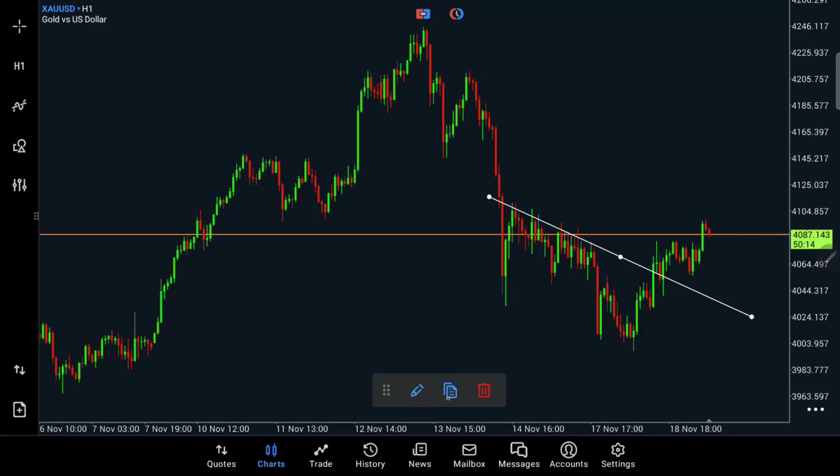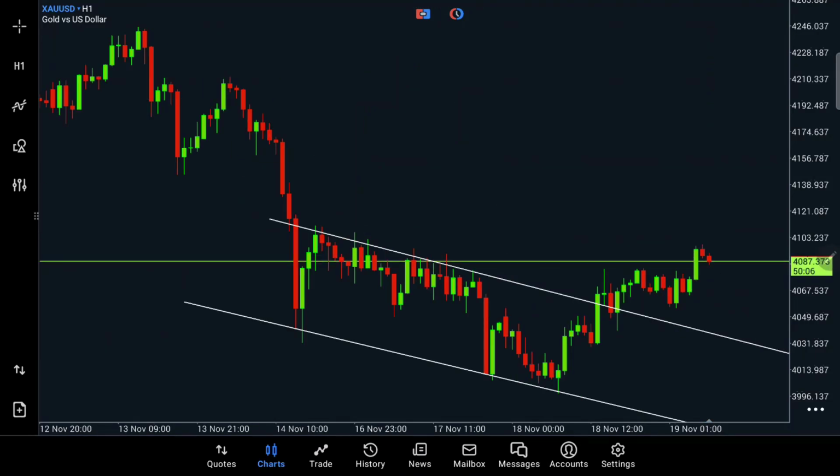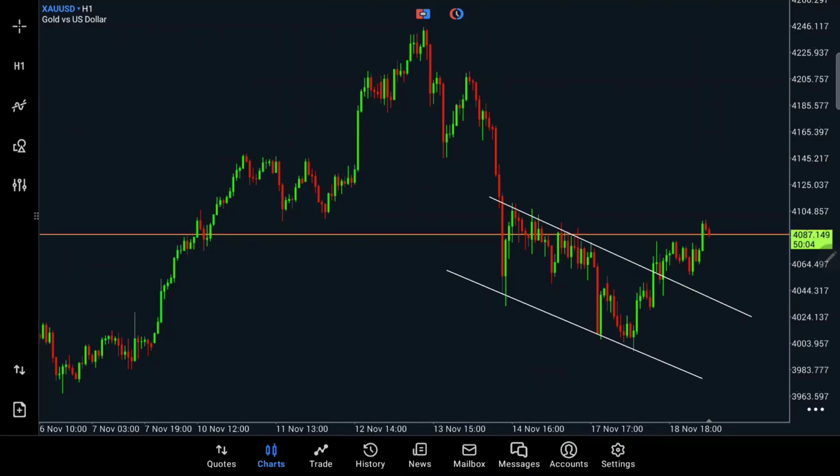And if I want to draw another trend line over here, as you can see, that was our another trend line, and the market followed that trend line properly, and it just gave us a breakout, then a pullback, then just tried to move bullish.